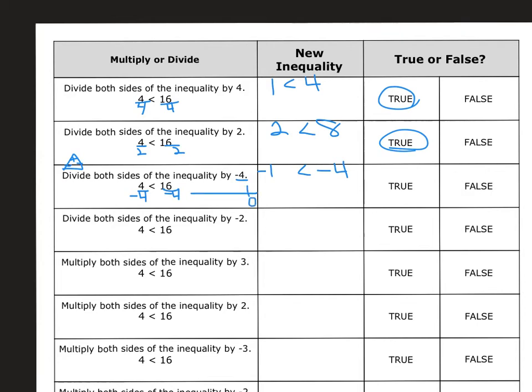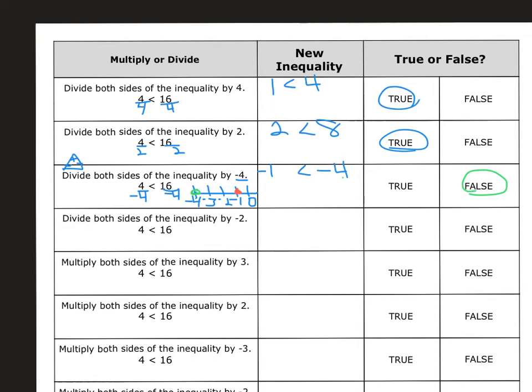If I have 0 here on the number line, as I move to the left, my values become less in value. So the comparison that I'm making is negative 1 and negative 4. Negative 1 must actually be greater than negative 4. So this is a false inequality, because negative 1 is closer to 0.